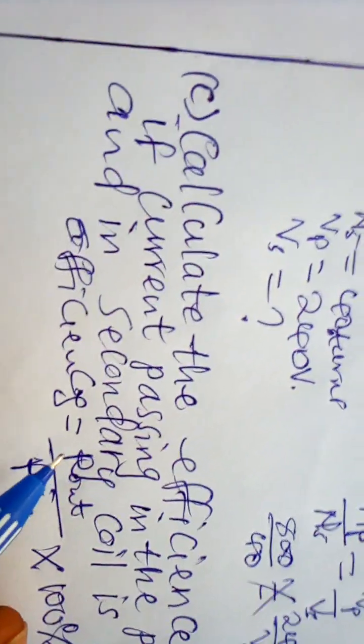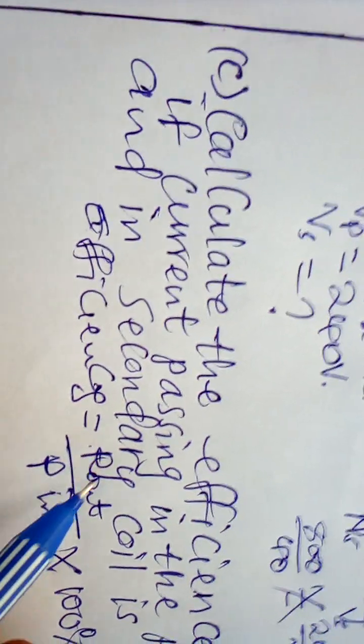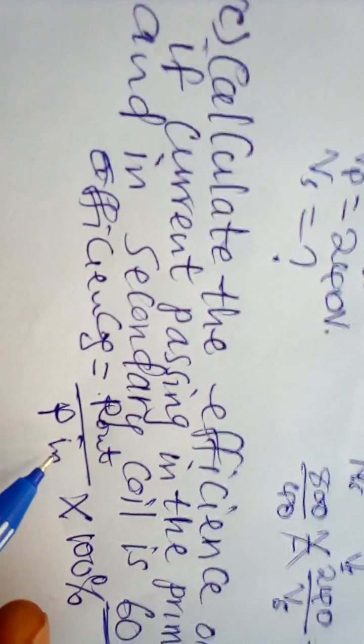In this case, I just use the symbol P for power. Then this is output. So I just say P output over power input. This is P in, the power entering into the device.